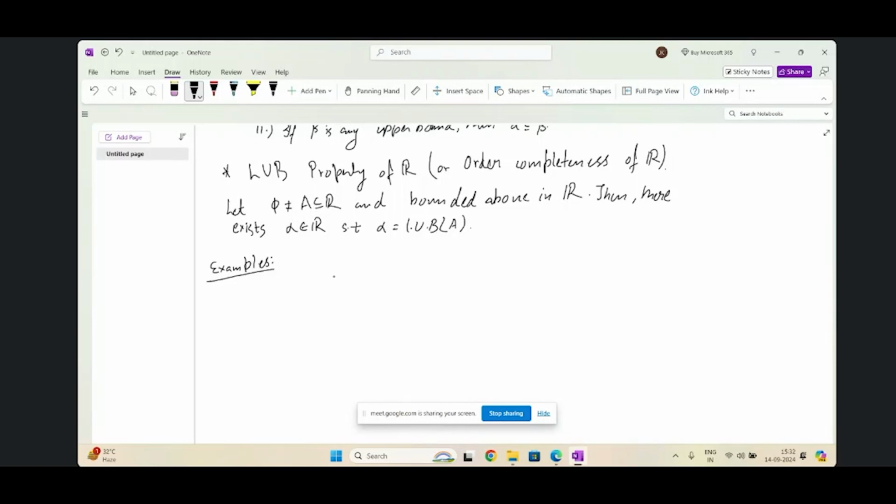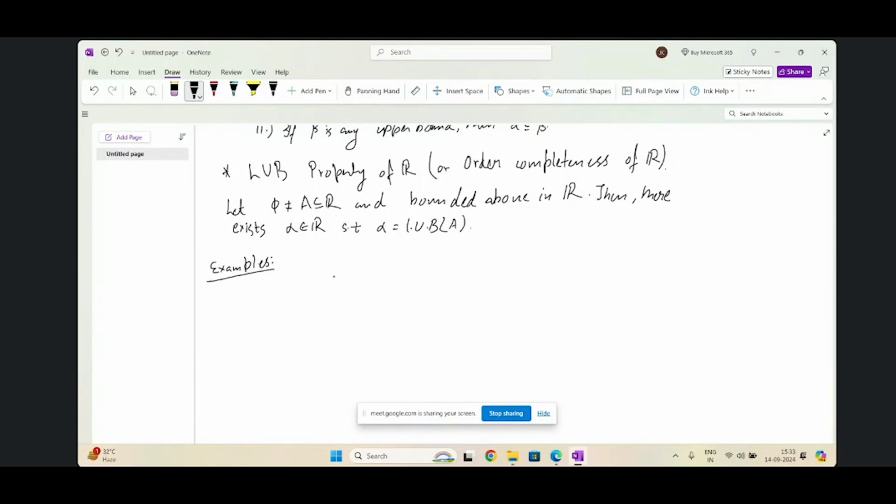Now, what do we mean by bounded above in R? Can anyone tell me? What does it mean to say that a set is bounded above in R? Can anyone say something? If it is bounded above, then there exists a real number alpha which is an upper bound for the set.